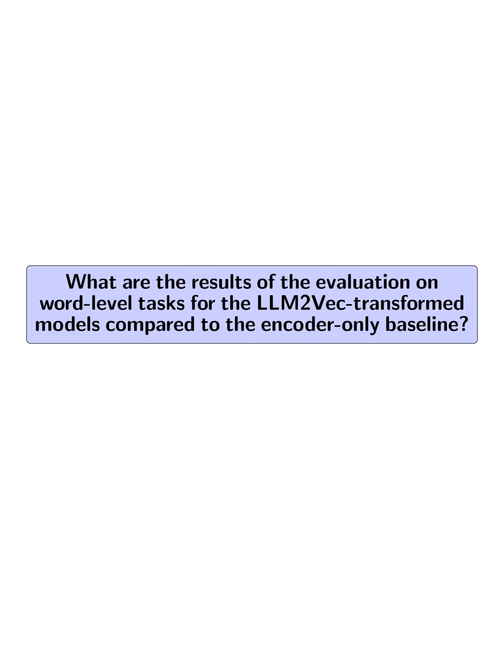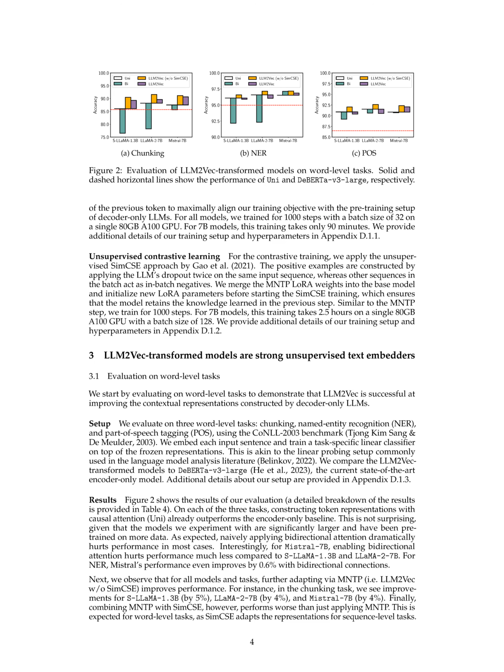What are the results of the evaluation on word-level tasks for the LLM2Vec transformed models compared to the encoder-only baseline? The results show that constructing token representations with causal attention already outperforms the encoder-only baseline on each of the three tasks: chunking, named entity recognition, and part-of-speech tagging.